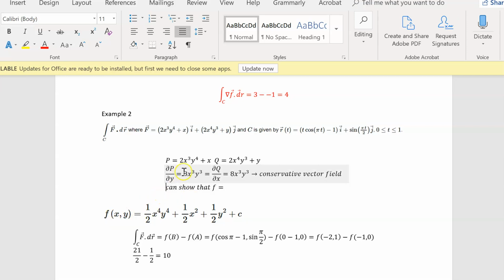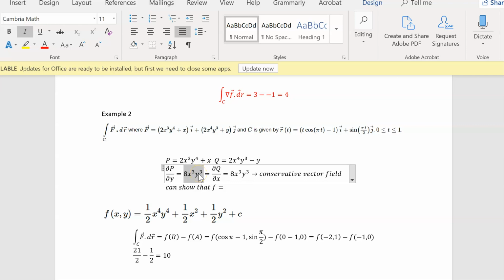So what you do is you take this and think of it as a kind of differential equation, and then you take the integral with respect to y. You think of 8x cubed as a constant, and then y cubed becomes y to the 4 over 4.